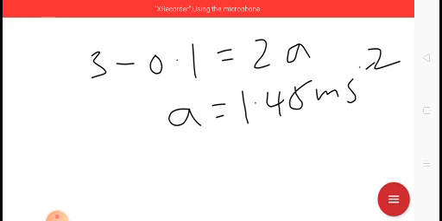So now you have the a already. In order to find the tension for each coupling, you need to form an individual net force equation for each component. So we try to draw the diagram first.